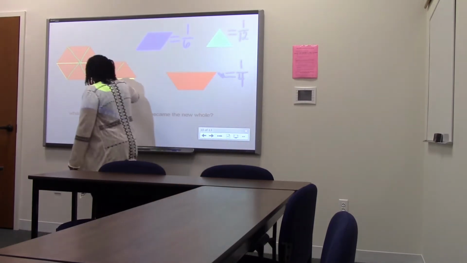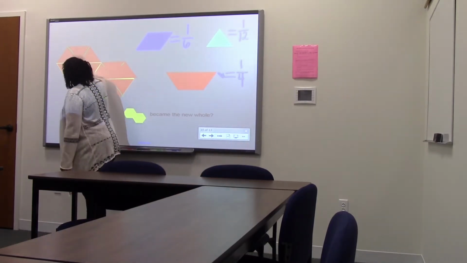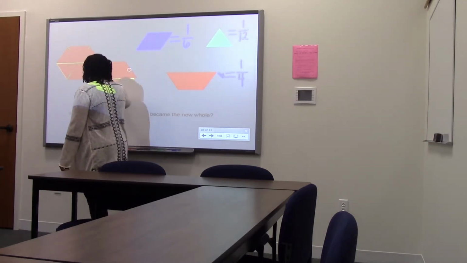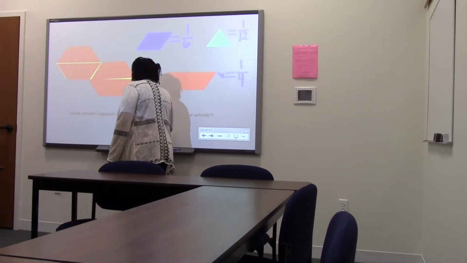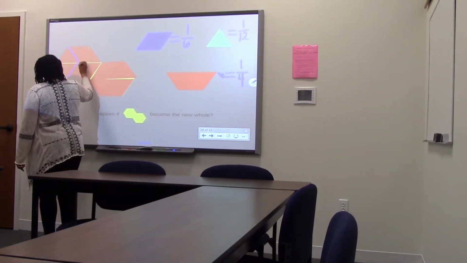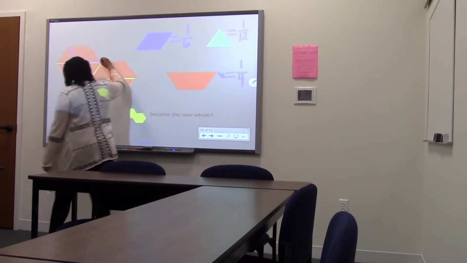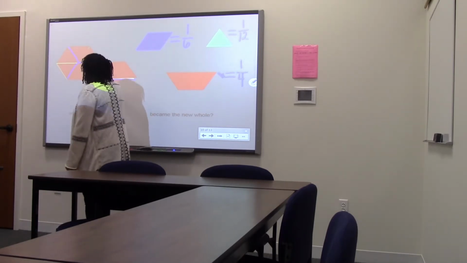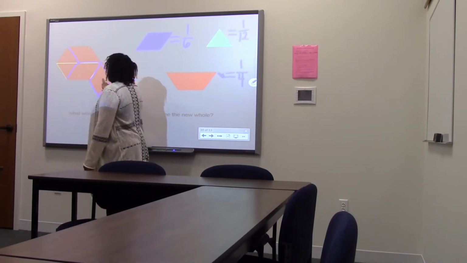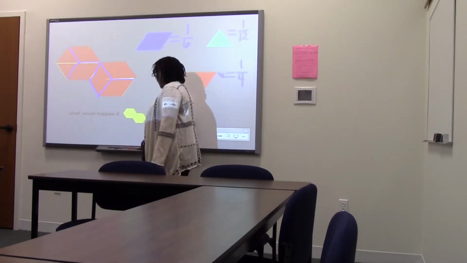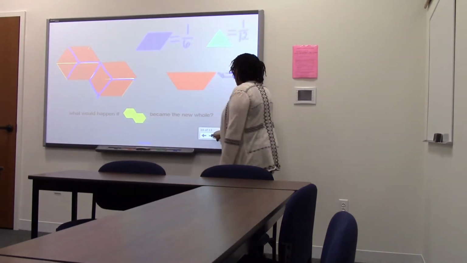And I'll draw it on here so you can see it. So one blue rhombus, there's 2, 3. So you have 1, 2, 3, 4, 5, 6. So now our new fraction for the rhombi is 1/6.